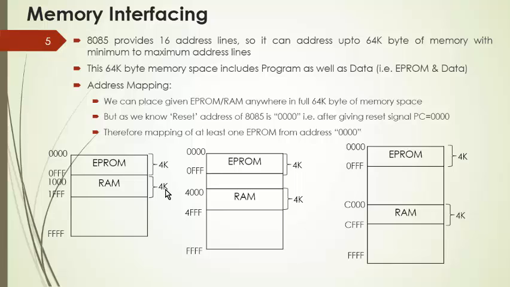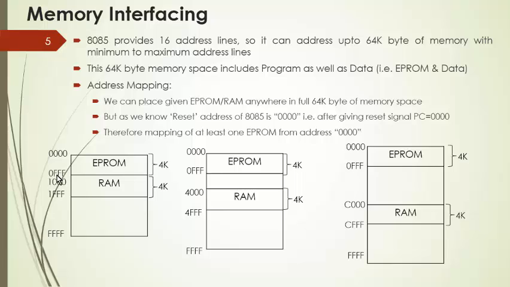In these three diagrams we can see the mapping of 4 kilobytes of EEPROM and 4 kilobytes of RAM. In the first case, 0000 is the reset address. Here the EEPROM starts from 0000 and ends at address 0FFF hex.